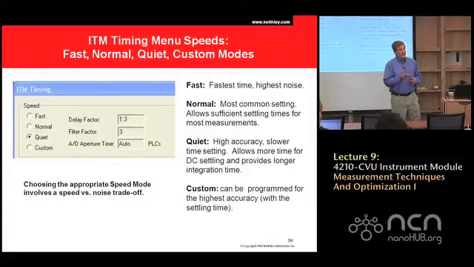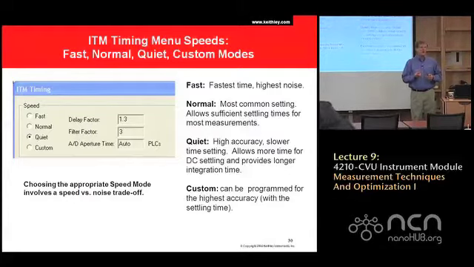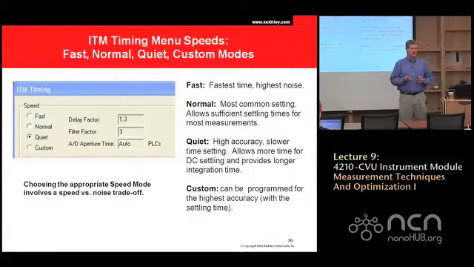So actually there are multiple types of noise. You've got Johnson noise, you've got white noise, you've got 1 over F noise, you've got shot noise. So there's multiple types of noise, and they all have some relationship to time and to your measurement. For example, we can lower Johnson noise by increasing the bandwidth.